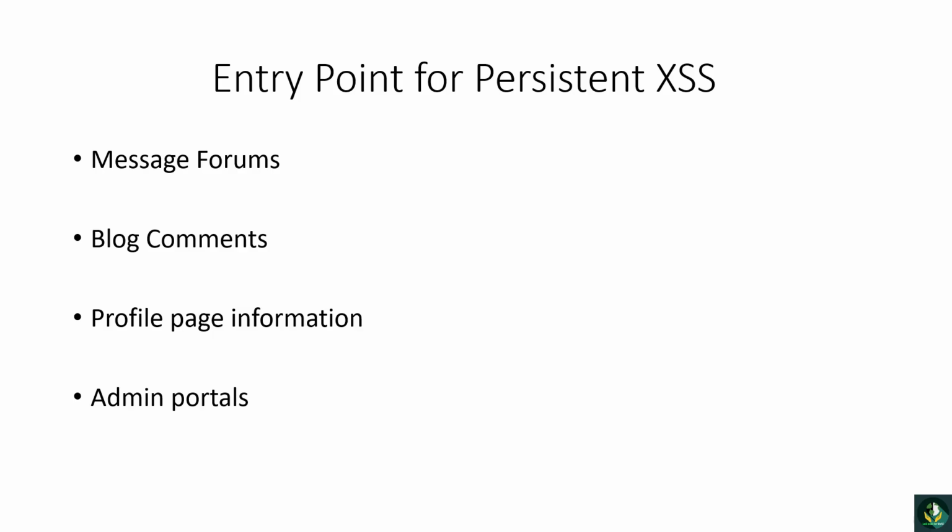So, here is a list of some of the typical locations where persistent XSS vulnerabilities exist, like in message forums, in blog comments, or profile page information, or even in admin portals.